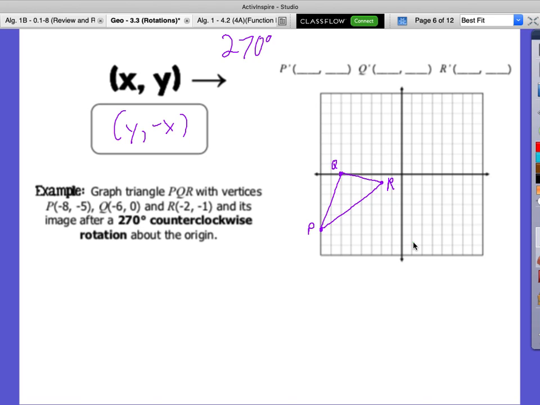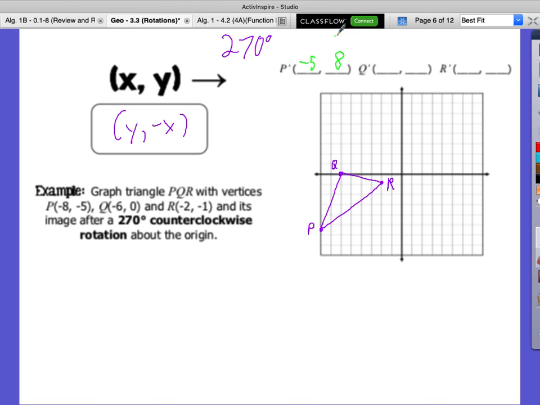Why are the x and y flipped? I don't get that. That actually just ends up being how it works out after we go about doing it. So negative 8 would be positive 8, and where would it go, in which spot? The y spot. That would be positive 5, negative 5.